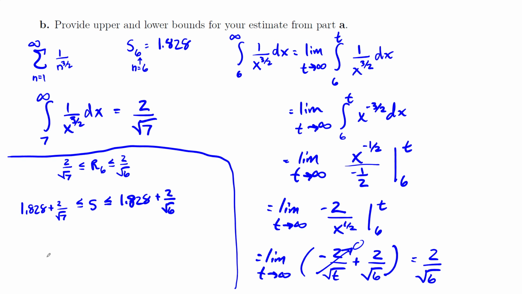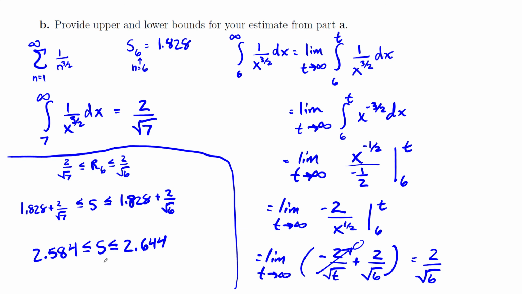And so if I plug that in the calculator, that means that the true sum, I don't know exactly what it is, but I know that it's somewhere between these two numbers. Right? So I've gotten fairly close, right? Definitely within 0.1. We're accurate within 0.1 there.